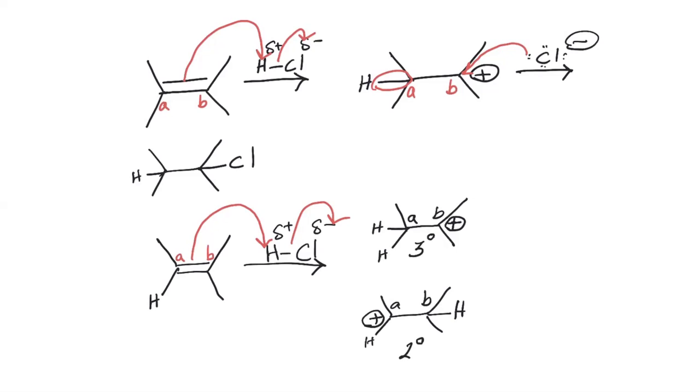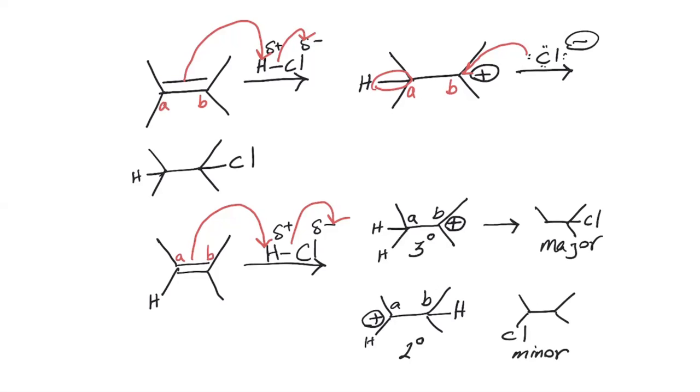Tertiary. And there will be more tertiary carbocation than secondary. So the major product will be this after chlorine attacks. And this will be the minor product. This is the major. And this is the minor.